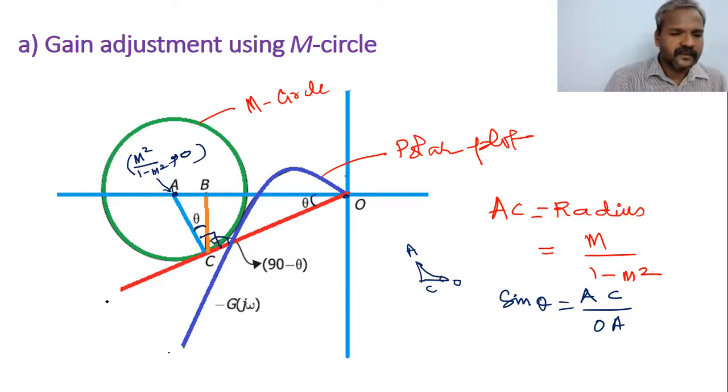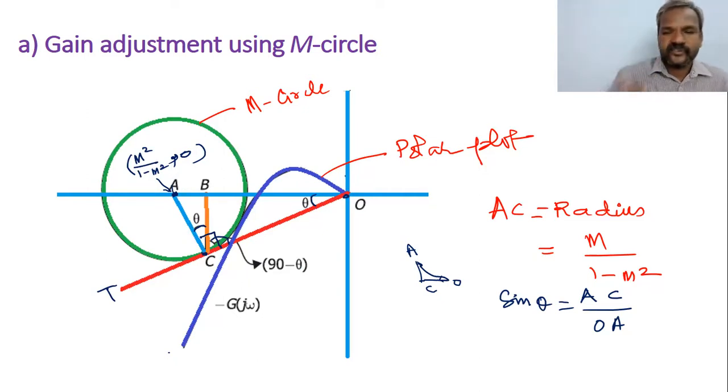OT is the tangent drawn on the circle, touching the circle at point C. While drawing the tangent, it makes an angle theta, where sin theta equals AC by OA. Understand? AC by OA.